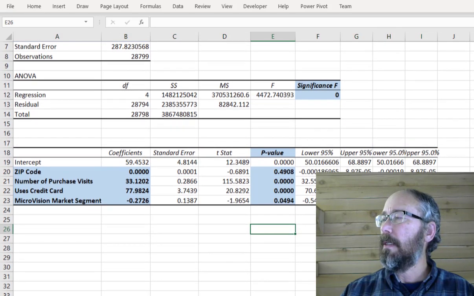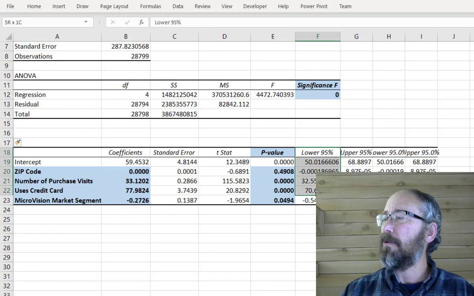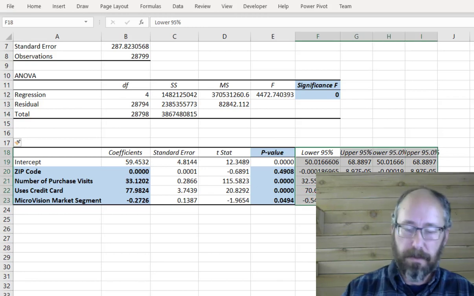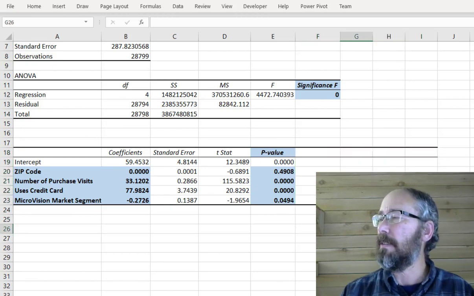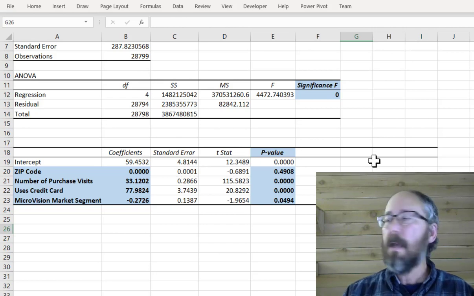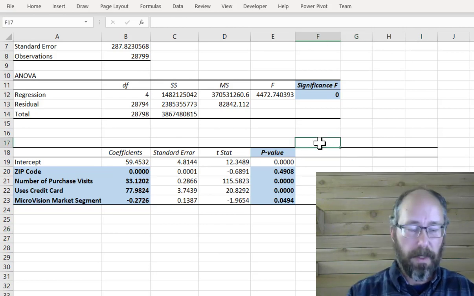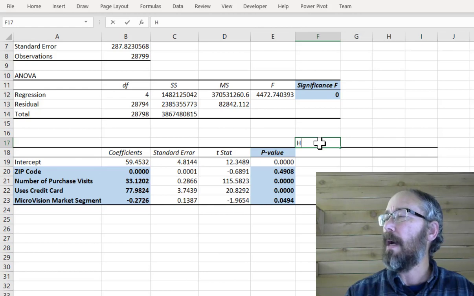And we're going to get rid of these values because we'll use this space to do our calculations to illustrate what we're doing here. Now, what I want to show is what our HA is, our alternative hypothesis.